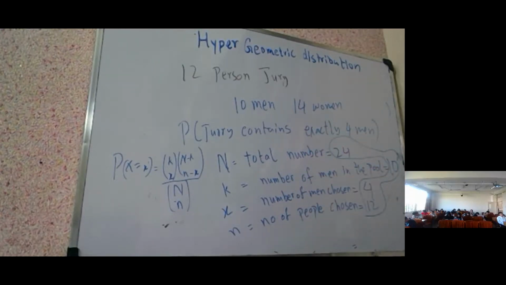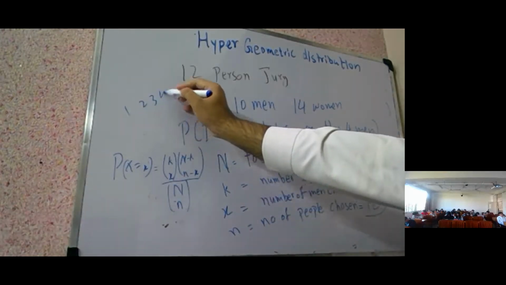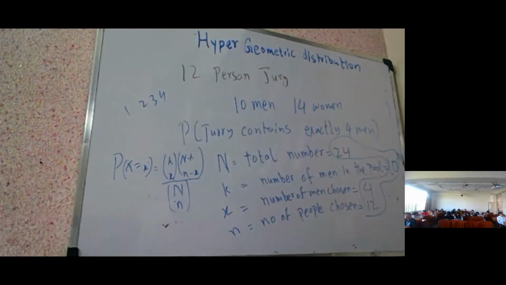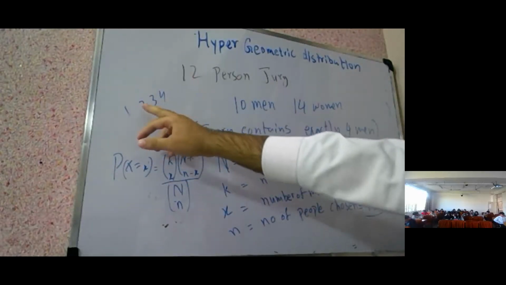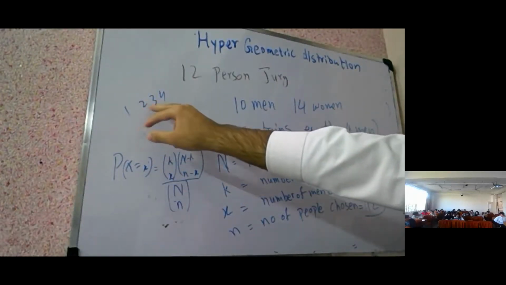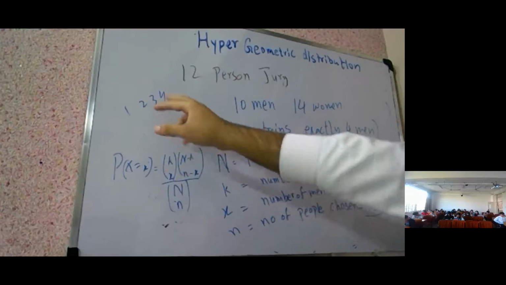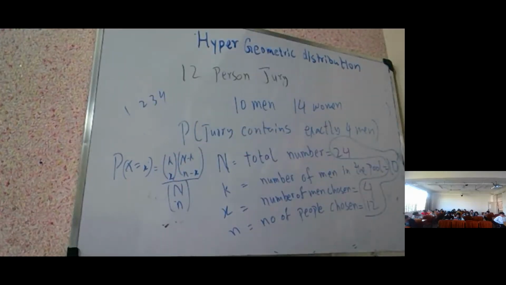For example, if you have 1, 2, 3, 4, and I ask you to select 2 numbers from these 4, there can be different possible ways. 1, 2 is one possibility, 2, 3 is another, 2, 4 is another, 3, 4 is another, 4, 1 is another, and 3, 1 is another. So these are different possibilities, and combinations tell us how to calculate that, right?